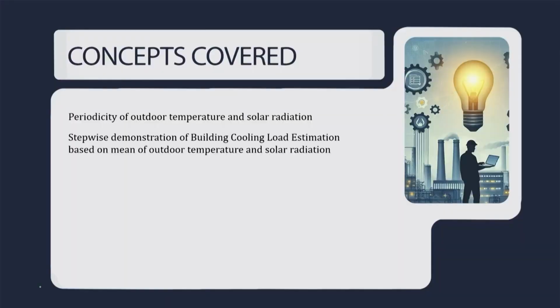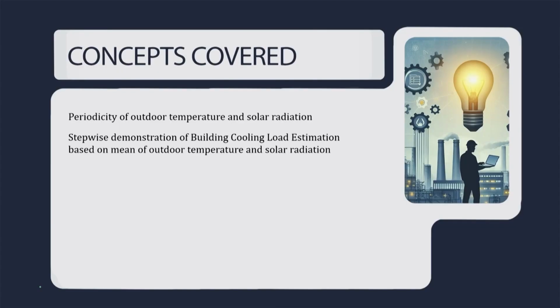In the previous discussion in the 13th lecture, we discussed how to take care of the periodic heat flow, and how the variation of the climatic data of a particular area, that is the outdoor temperature and the solar radiation of different surfaces, can be taken into account.